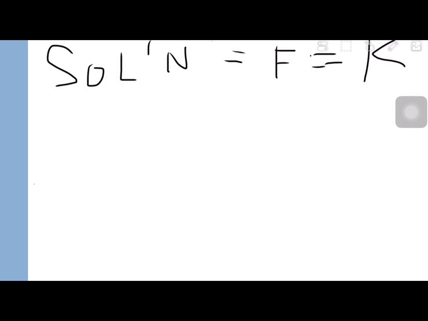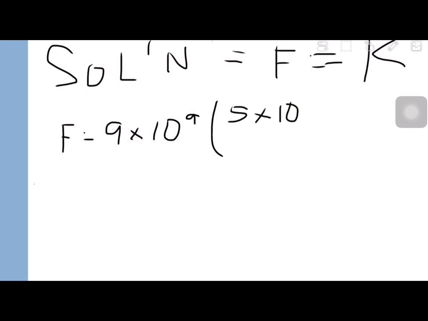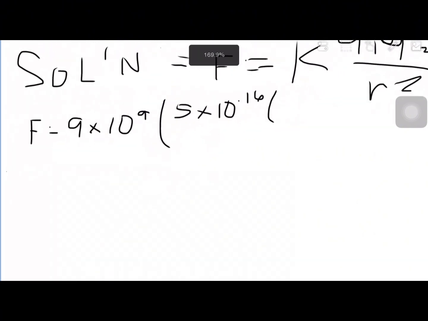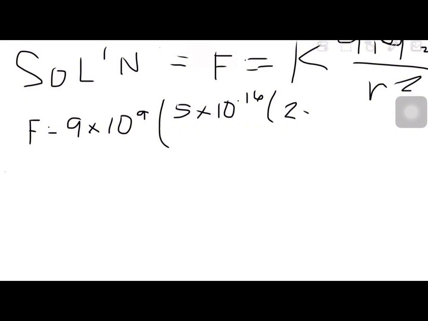F is equals to 9 times 10 raised to the 9th power times our own Q1 and our own Q2. So 5 times 10 to the negative 16 times 2 times 10 to the negative 16, all over 0.06 squared.